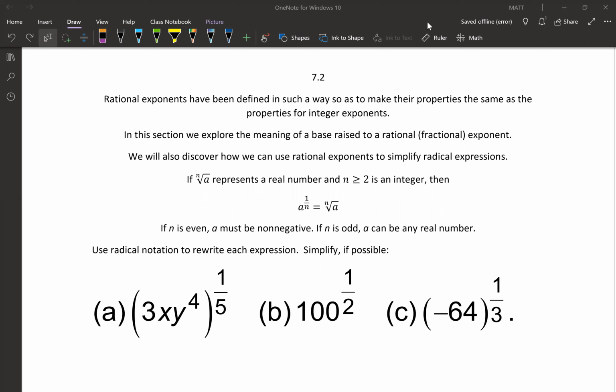Okay? So if we have the nth root of some number a, and n is greater than or equal to 2, so it's at least a square root, then we have this formula right here.